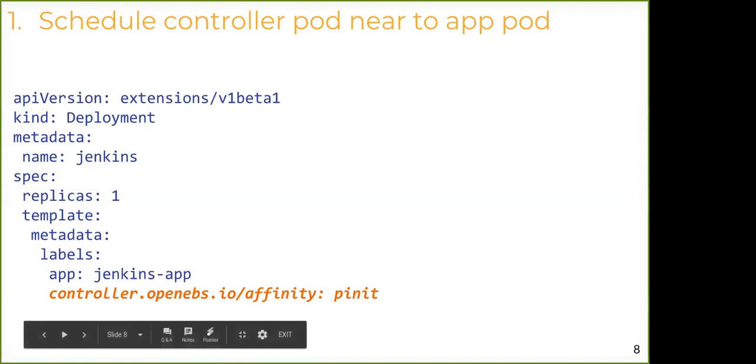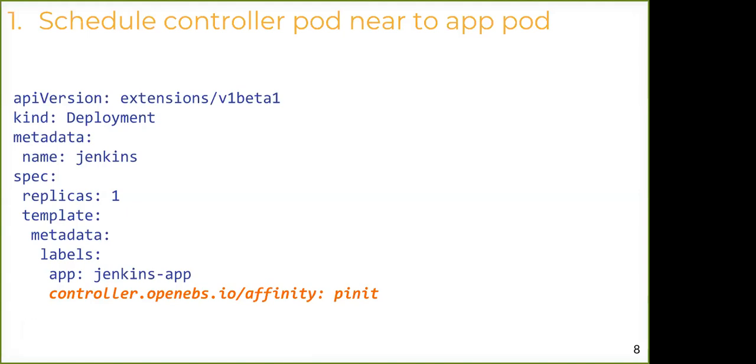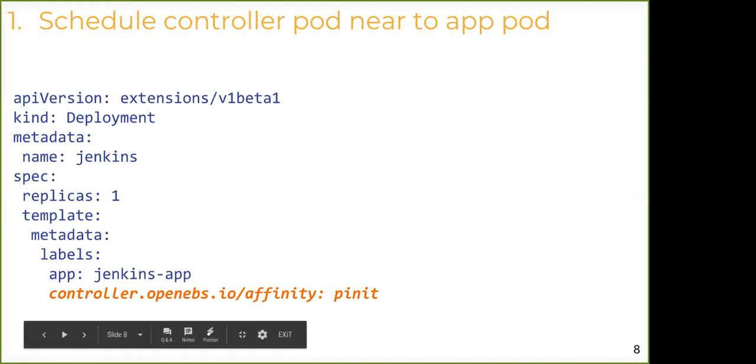What the operator needs to do is label the Jenkins deployment with this particular key, controller.openebs.io/affinity, and a value, which here I have given as pinnet. It should be a unique value, so that the controller gets scheduled alongside the application pod. It's important to have the uniqueness here.